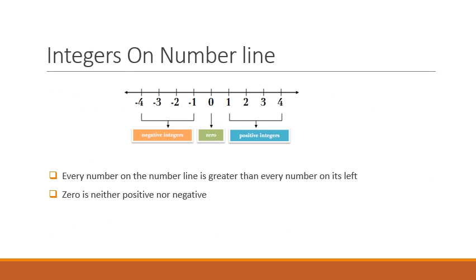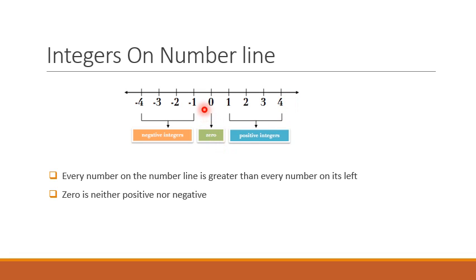Now you have learned how to plot natural numbers or whole numbers on a number line. Now we will study how to plot integers on a number line. For a number line of integers, we first draw a line and then make some points at equal distances. You can see these points are marked at equal distances.